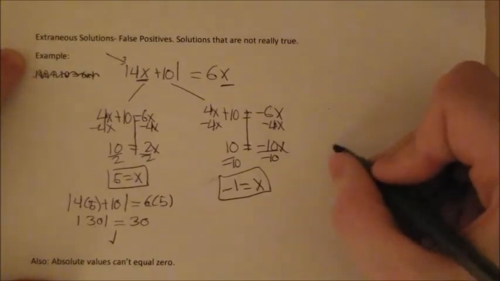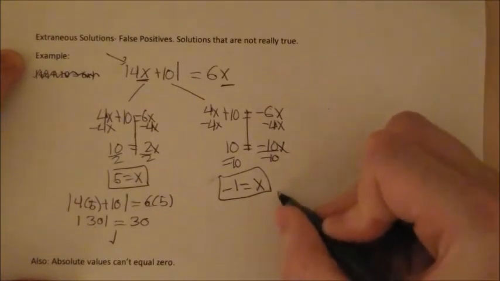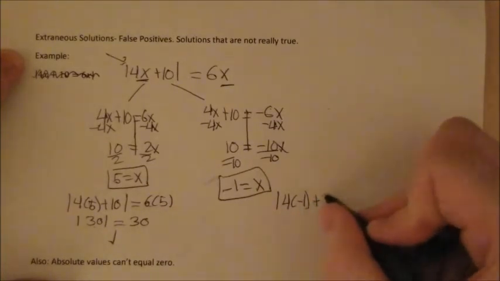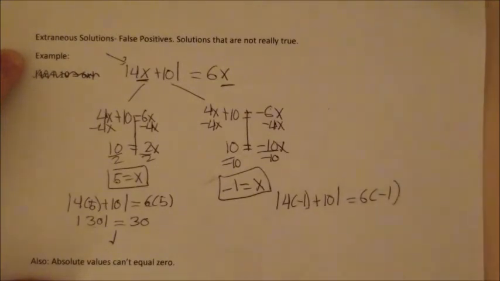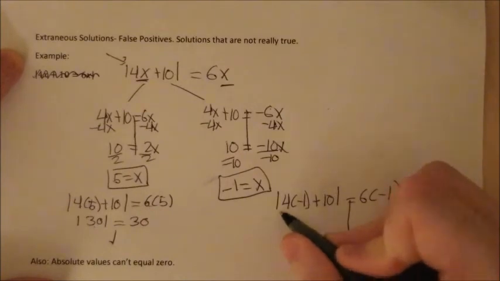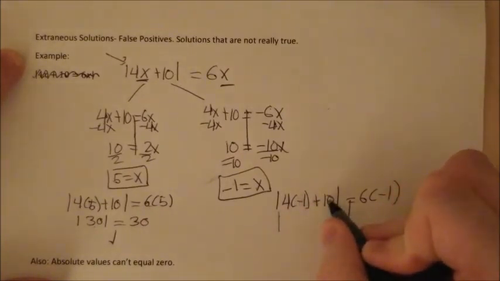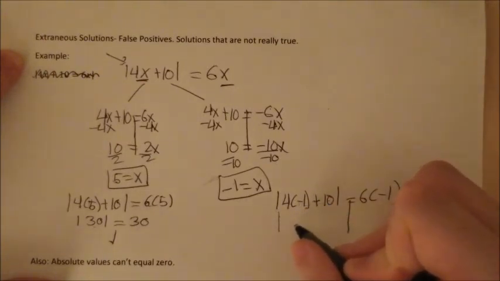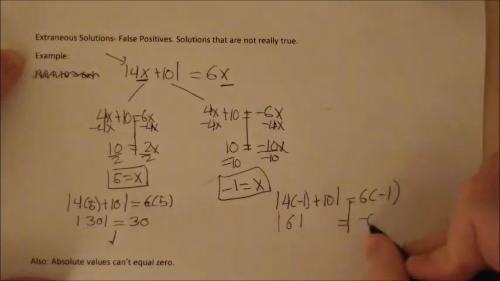But let's look at our other example, and I'm sure some of you guys are seeing this probably won't work, or why would I be wasting your time? But if you plug in -1, you'll have the absolute value of 4 times -1 plus 10 equals 6 times -1. So if we work this out, we're going to see that the absolute value would be -4 plus 10. Well, that would be +6. And 6 times -1 is -6.